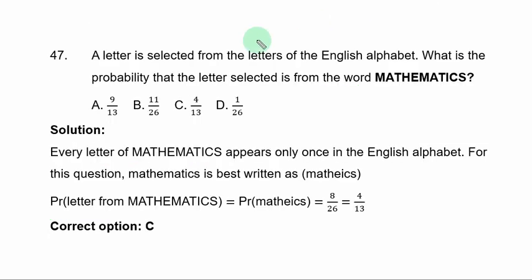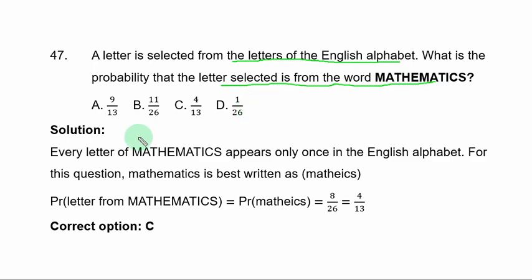Question 47. A letter is selected from the letters of the English alphabet. What is the probability that the letter selected is from the word mathematics? Solution.